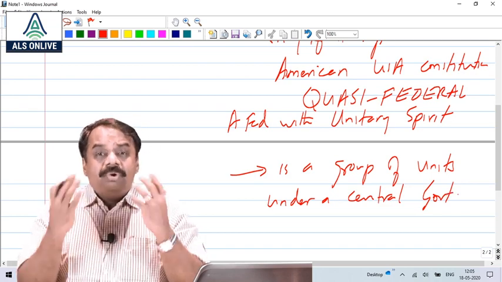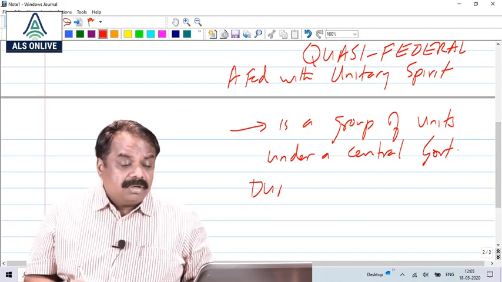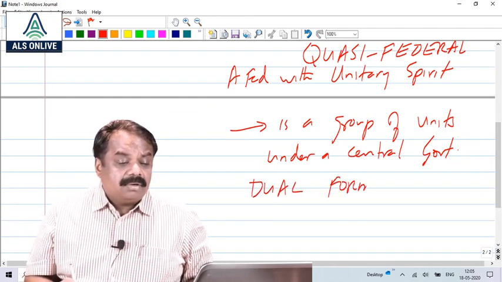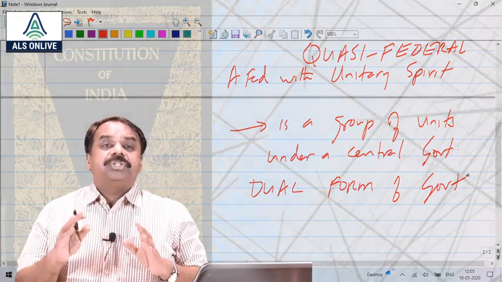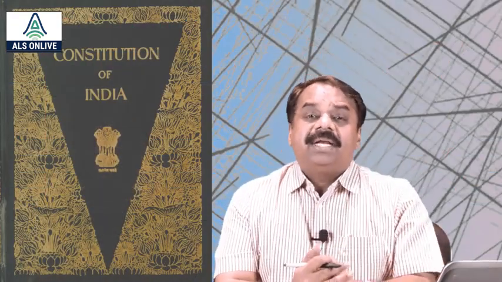So, there is a dual form of government. A federation has a dual form of government. That means two governments will be there, in fact, a central government and state governments.